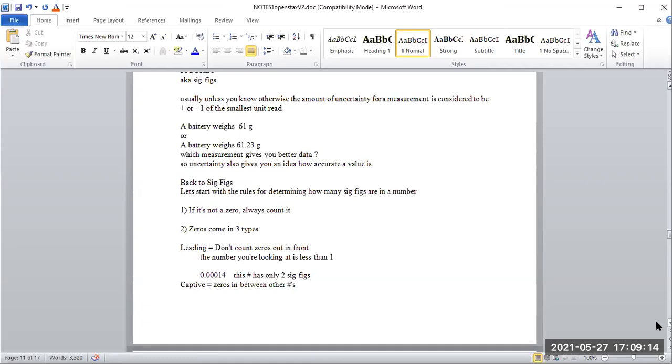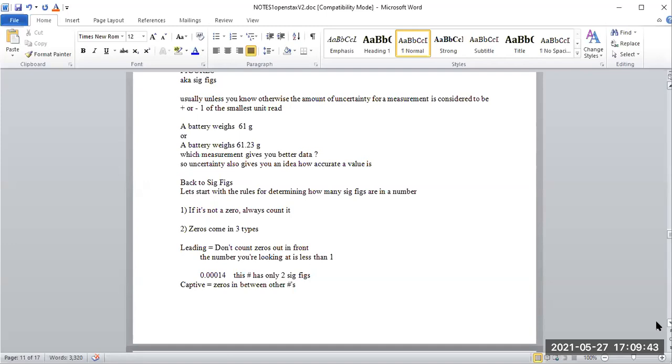Well, what if you have a slightly better balance that gives you a couple of decimal places? 61.23 grams. So in the second case, your 3 is your uncertain digit. In the first case, your 1 is your uncertain digit. It's the one furthest to the right.